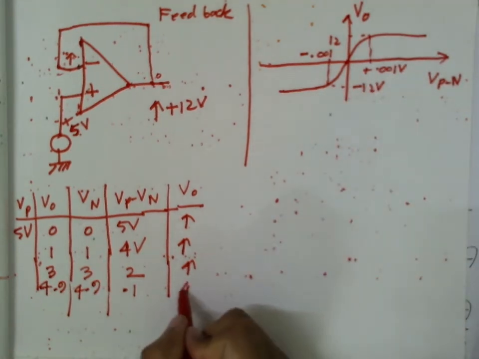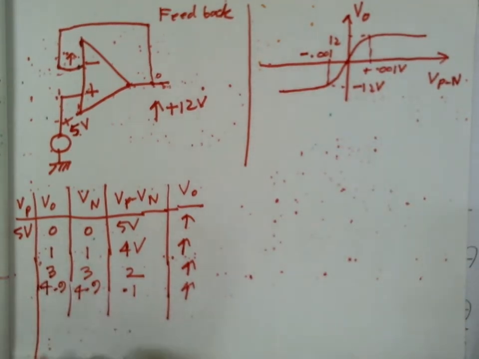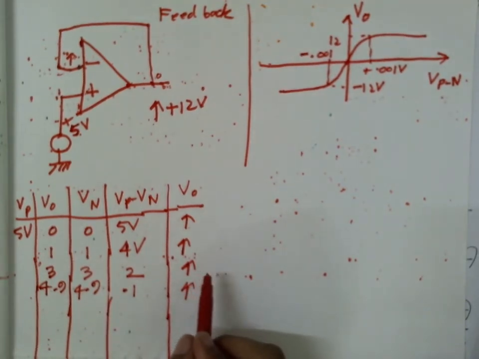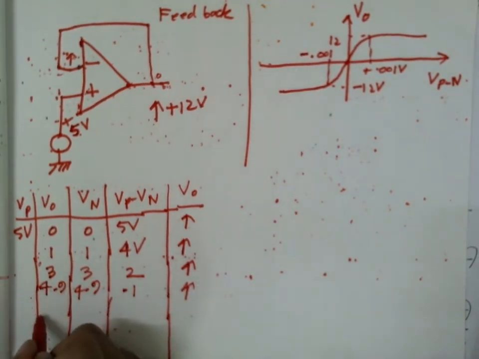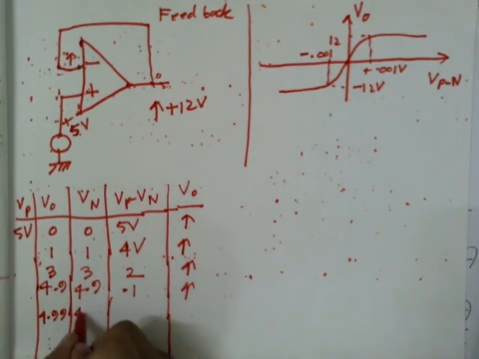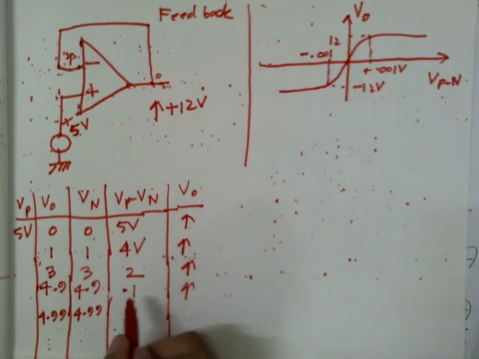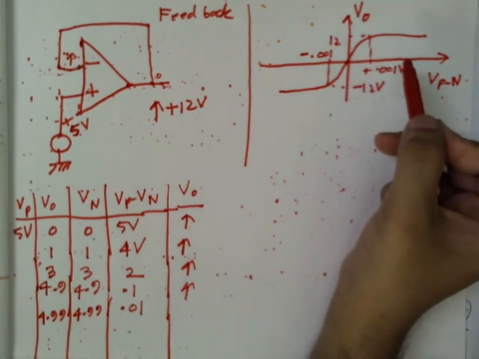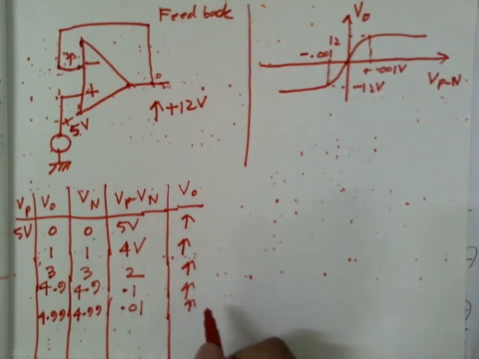So I have to increase VO further. I'm just searching for a solution. What should VO be? Now let me try with 4.99 volt. Then VN is also 4.99 volt, and this gap will be 0.01 volt, and I see that 0.01 is still greater than 0.001. So let me increase it further.